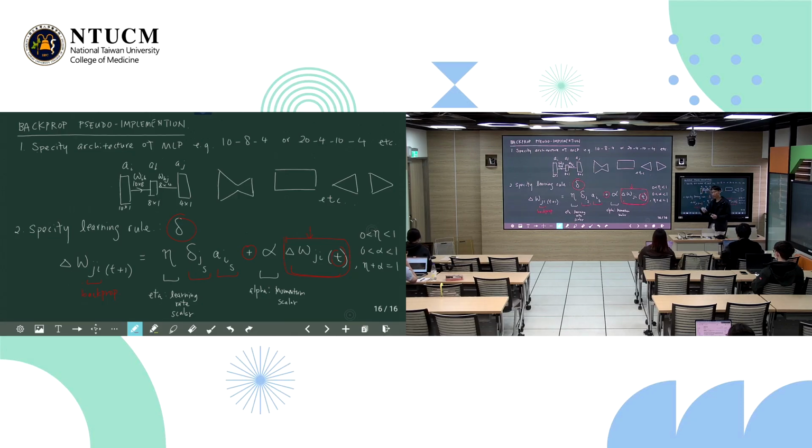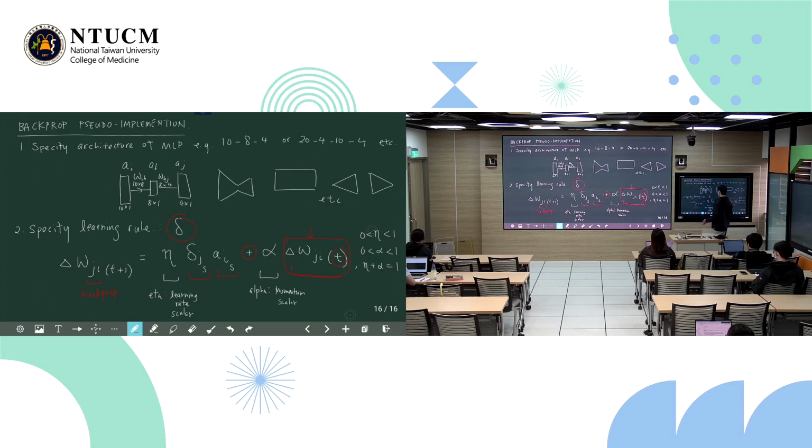But if my momentum is absolutely 1, then my new weights will have a complete contribution from the old weights, right? I have complete memory of my previous weights. Or I can discount it. I can say it's 0.5. I don't want it to completely not learn, but I do want it to also hold something from the past as well. So that's what momentum does.